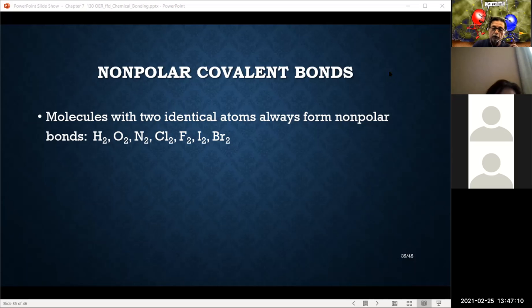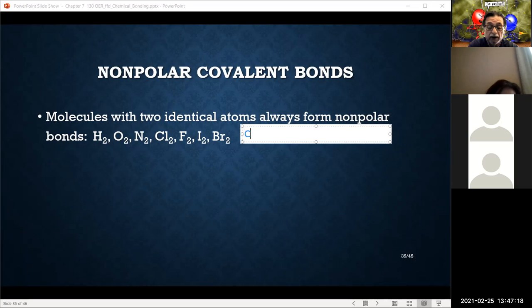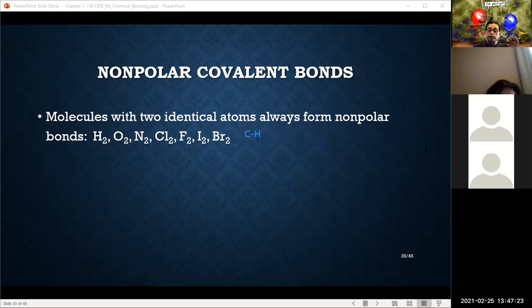I'm going to add one more example here, and that is the carbon-hydrogen bond. The carbon-hydrogen bond is considered a nonpolar bond, and the reason is that even though there are two different elements there, carbon and hydrogen, the electronegativity difference between the two is minimal, hence nonpolar.